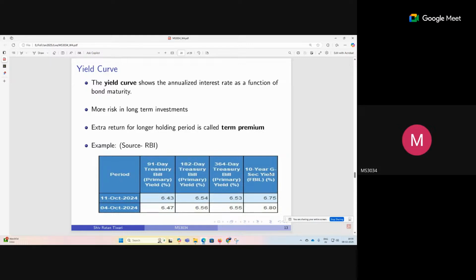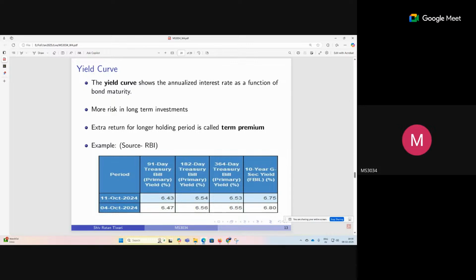Government bonds which have maturity of less than 1 year are called treasury bills, and those with higher maturity are called government securities. This is the general jargon used in the bond market.